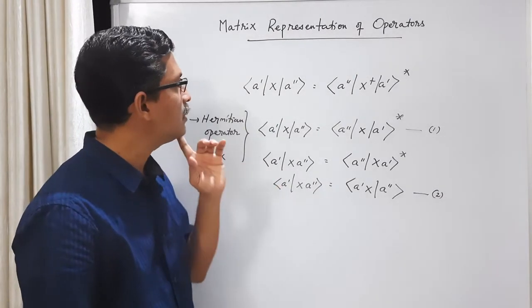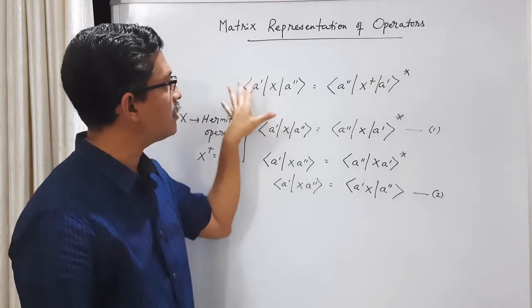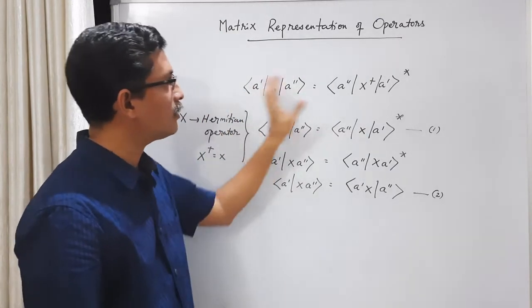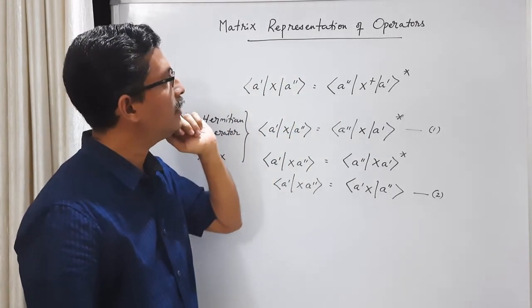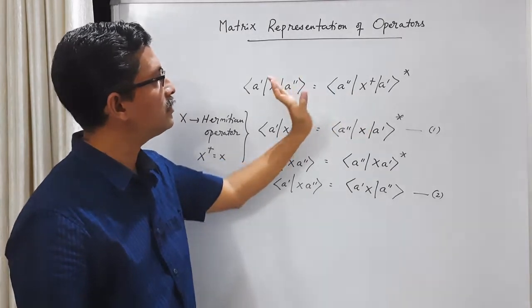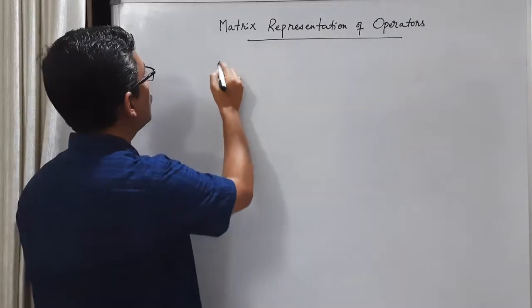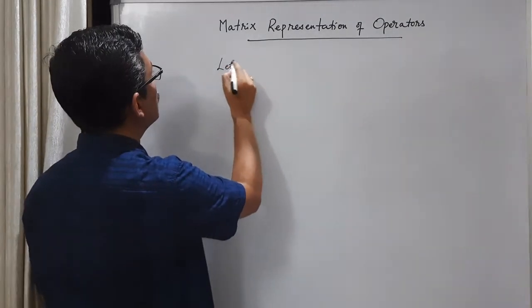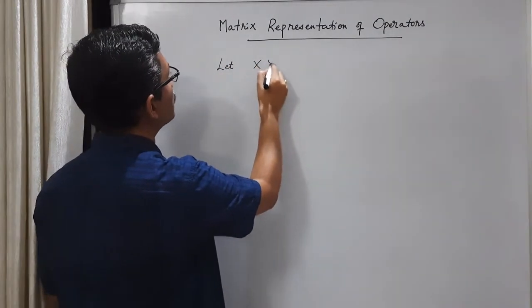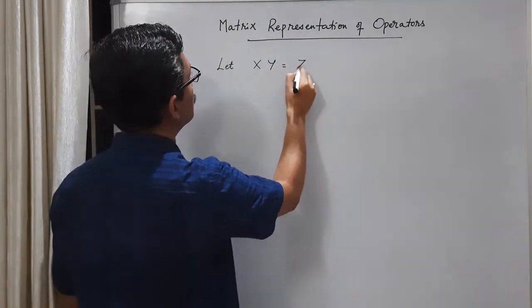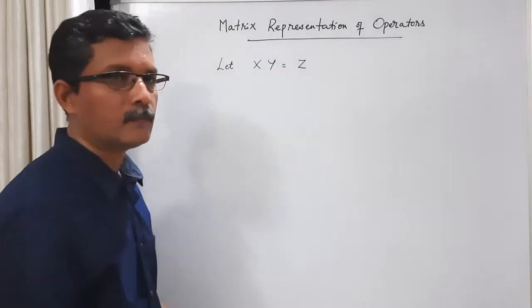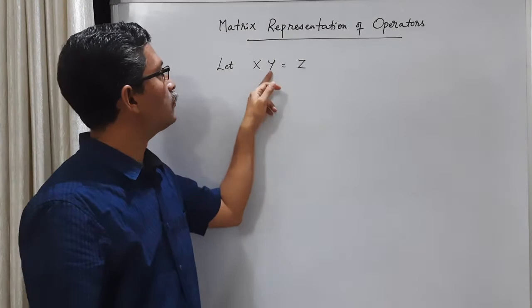We have discussed this, but let's again stress this in the context of the understanding that taking the Hermitian adjoint means transpose and complex conjugate of the matrix representation. Let the product of two operators be equal to another operator. X is an operator, Y is an operator.